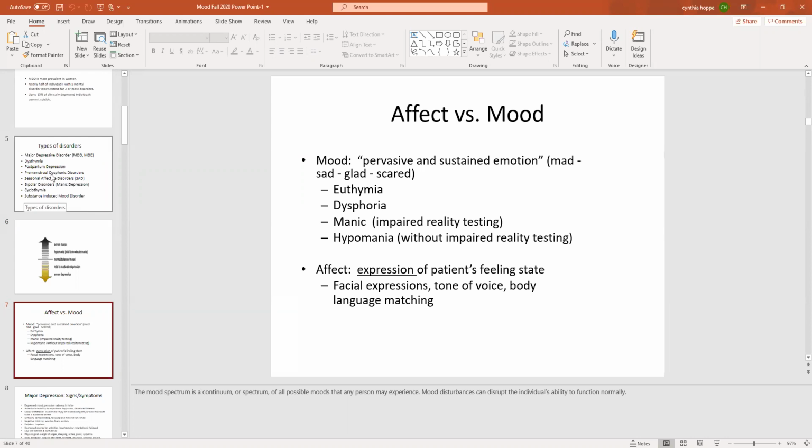Dysphoria is a very depressed mood, sad mood. Mania and hypomania. Affect is how they express what they're feeling. And so those terms would be congruent, incongruent, labile. Labile would be someone who is in a manic state.